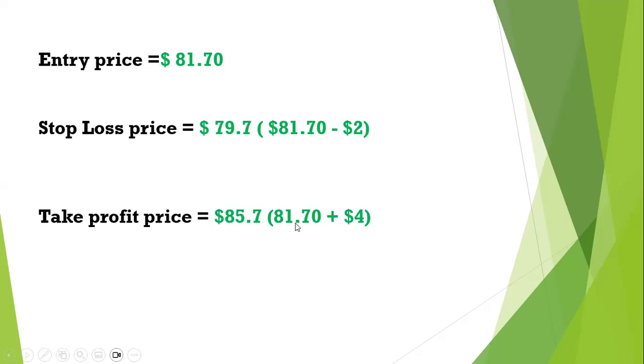You get 81.7 plus $4, which gives you $85.70. Those are the entry points that you are going to use, so you can make that $80 profit, or you may lose $40 per trade.